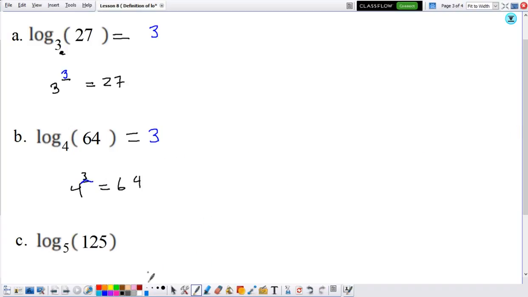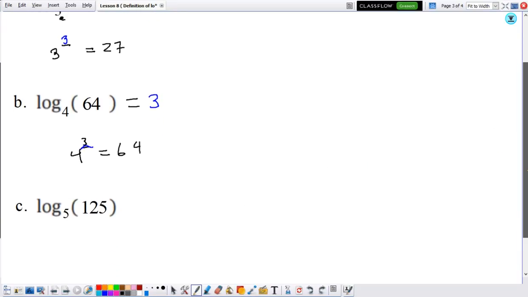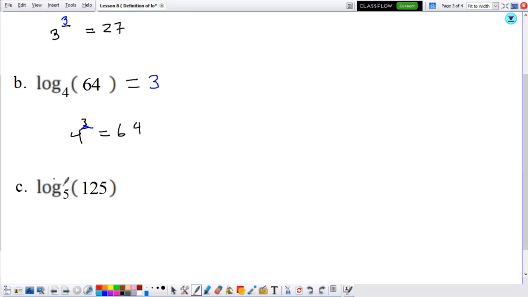Lastly, let's look at example C. We want to evaluate this expression. So we've got to find out, we're going to use the definition of a logarithm. Base to the exponent is always equal to what's inside the parentheses. So 5 raised to what exponent gives me 125? Here we just fill in the blanks. 5 to the third is equal to 125.